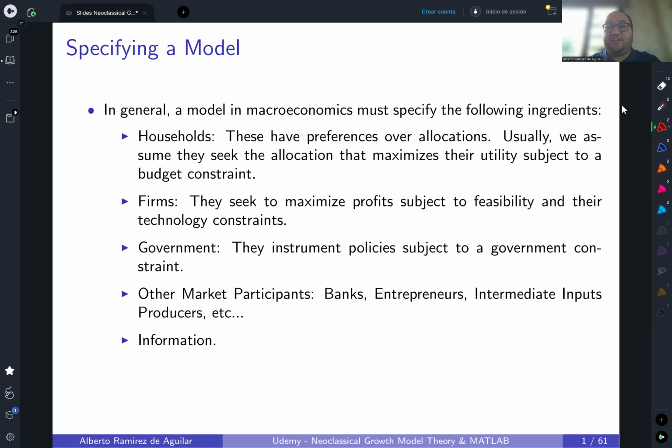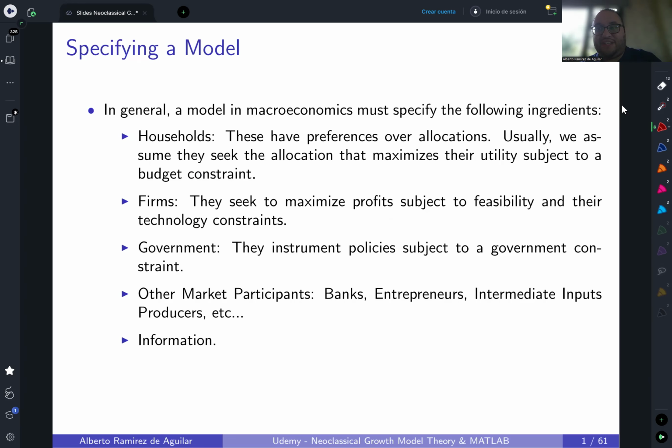What do agents know at the moment of choosing their decisions? That means, what do households know about the economy whenever they are deciding their consumption? What do firms know about the economy whenever they are deciding their labor and capital demand to produce? And in case there's a government, what does the government know whenever they're choosing their policies?